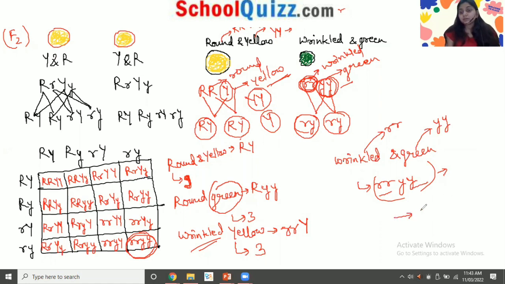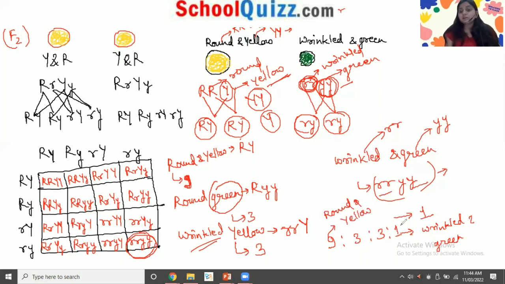Okay, so only one. So what is the ratio we have got? 9, 3, 3, and 1. And remember, the 1 is for the wrinkled and green, and 9 is for the round and yellow.